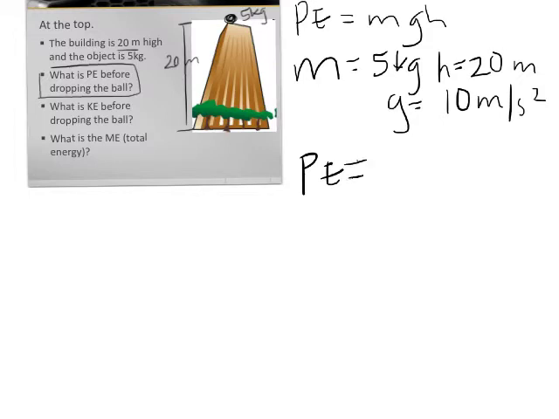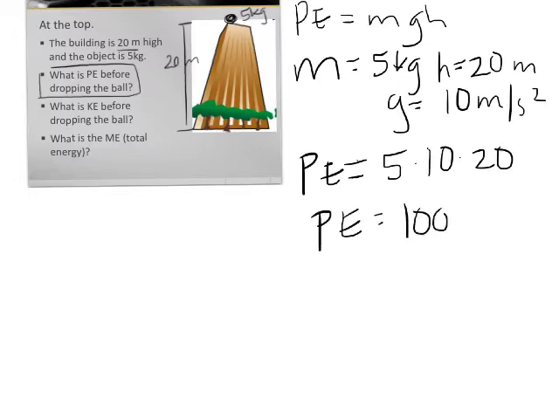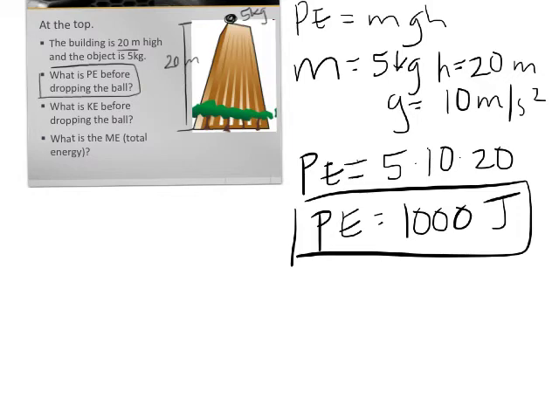PE is equal to 5 times 10 times 20, which is going to be 50 times 20, which will be 1,000. PE equals 1,000 joules. All right. So we just figured out our potential energy.